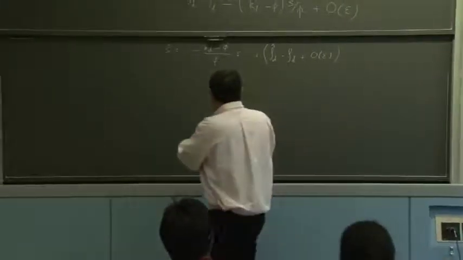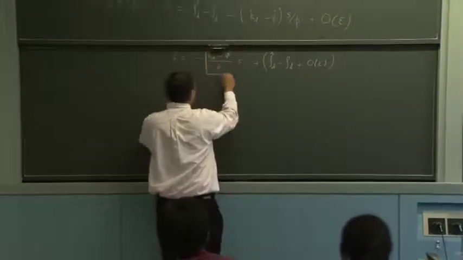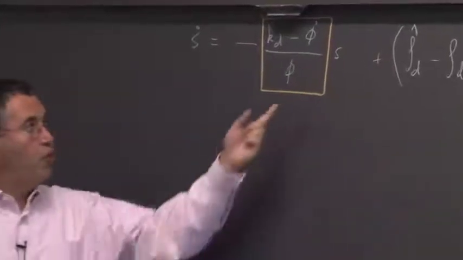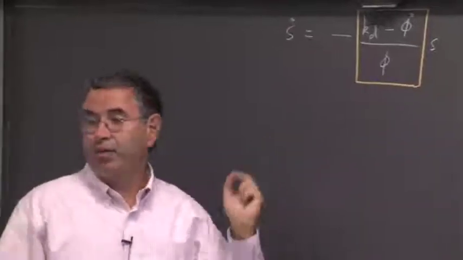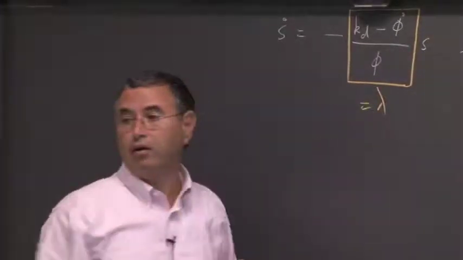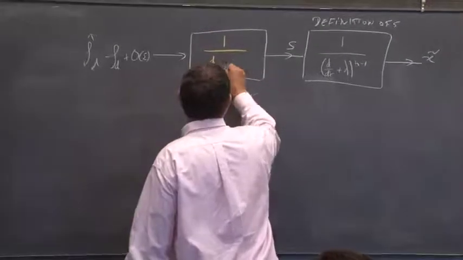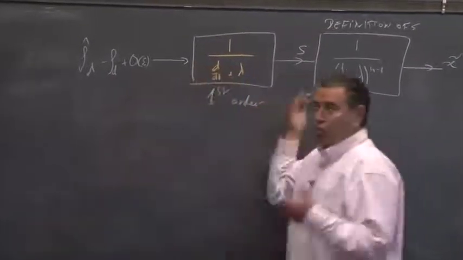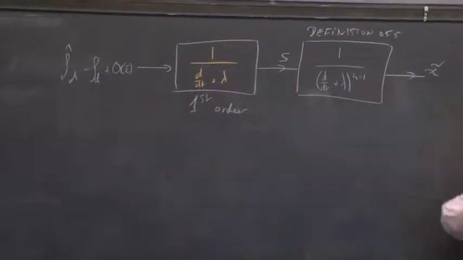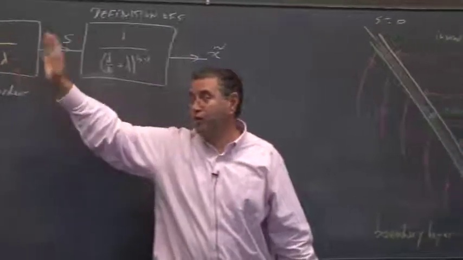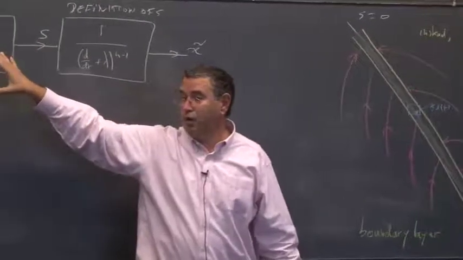So, being very optimistic, you can say, well, suppose this term was exactly lambda somehow. Then I would get 1 over d over dt plus lambda here. And that would be quite simple, right? I would have all these time constants of order 1 over lambda here, and an extra one also of order 1 over lambda here. Okay?